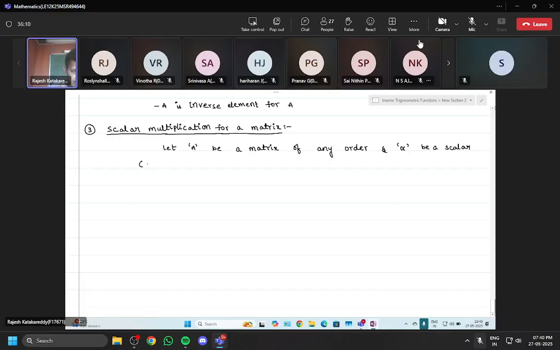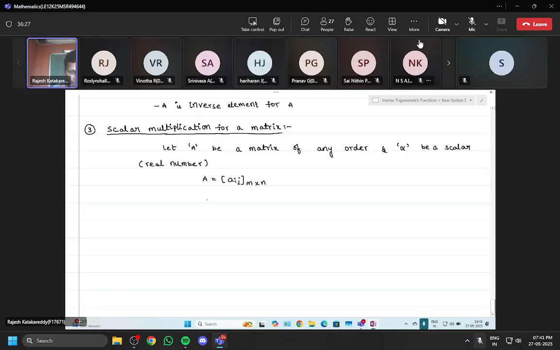Let alpha be a scalar. Scalar means just a real number, not a matrix. In that case, alpha into A, let us take A is equal to Aij, m by n.